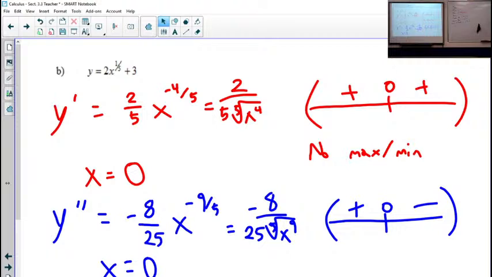See if you can think about and visualize in your head before I show it to you what this graph is going to look like. We hit a point where the derivative doesn't exist. Think about what that means.